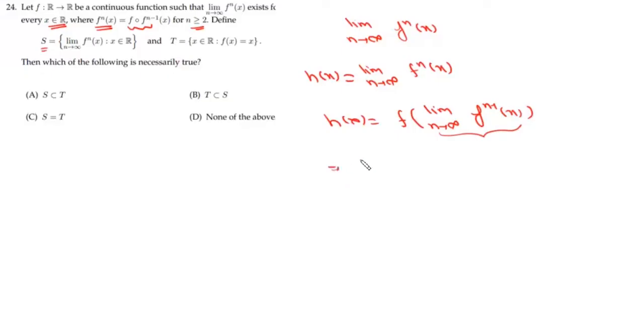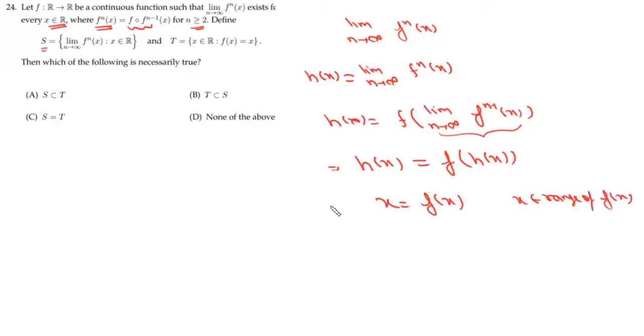So from here we can write h(x) is equal to f of h(x), which again is of the form x equals f(x) when x lies in the range of f(x). So our set S is x equals f(x) for any x which lies in the range of f(x).